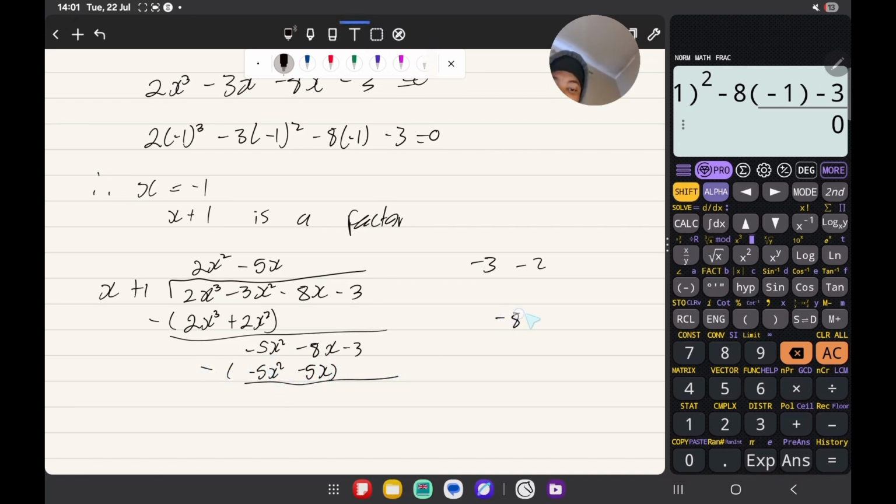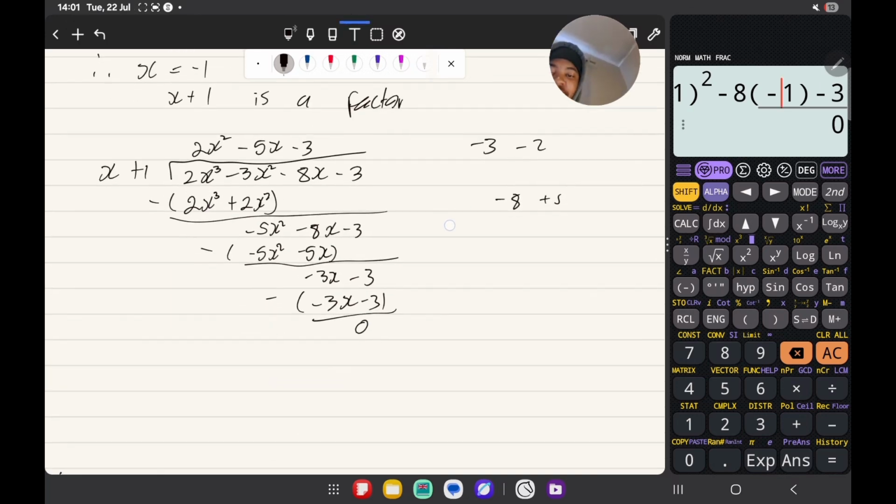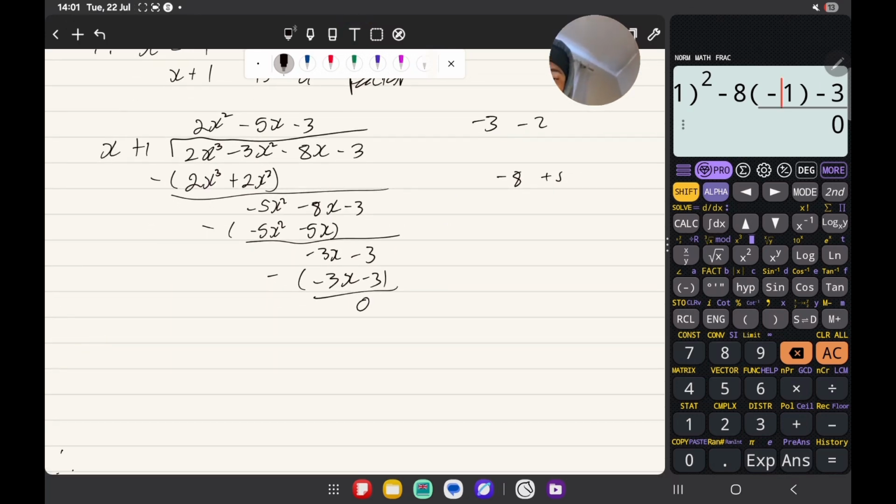We have minus 8 plus 5, which is minus 3x minus 3, minus 3x minus 3, right? And you get 0. So that means you have x plus 1, right? And then 2x squared minus 5x minus 3 equals 0, right?